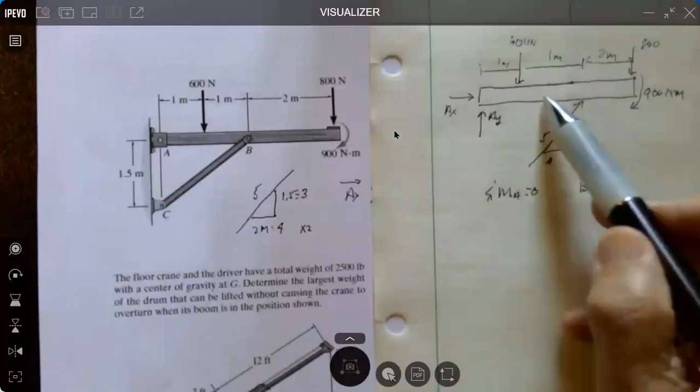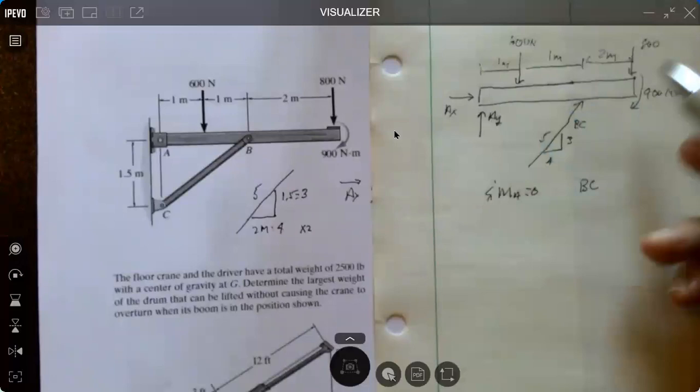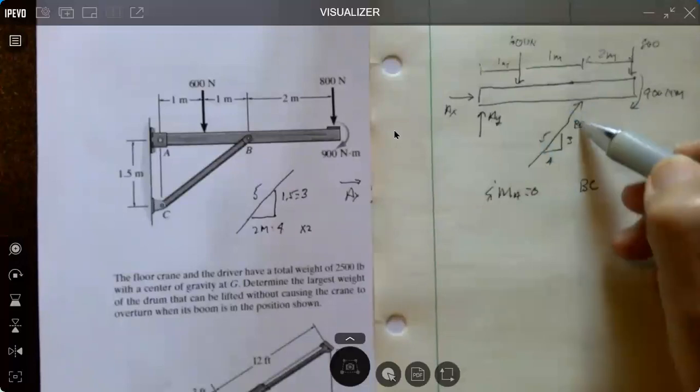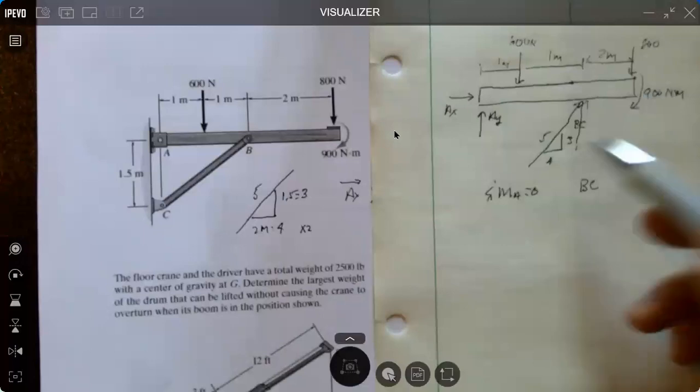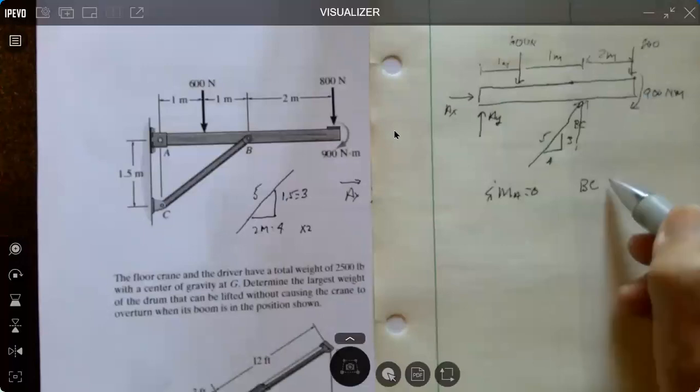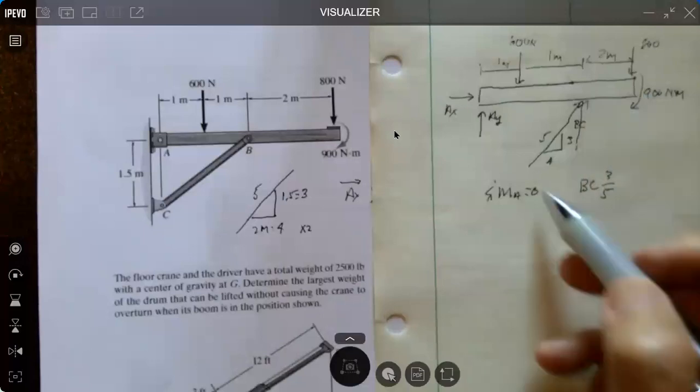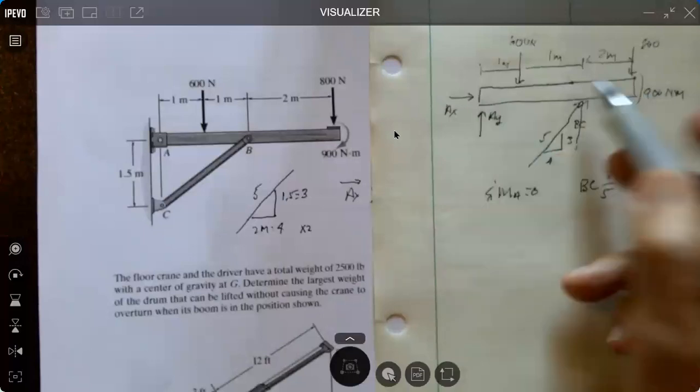It passes through the support. The only component that's going to create a moment is this vertical component, and it's 3/5 of BC. So it's BC times 3/5. It's the vertical component. Moment arm is 1 plus 1, which is 2.